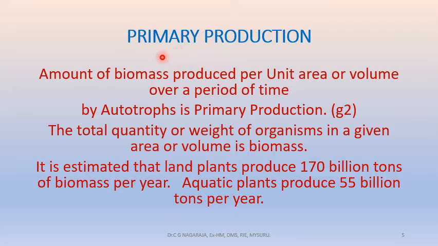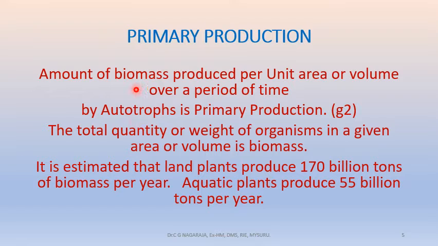Here is what's called primary production. It refers to the amount of biomass. Now biomass refers to the organic material present in the plant body over a period of time, normally measured per unit area or volume over a period of time. That's the biomass, and that will be stored by autotrophs.